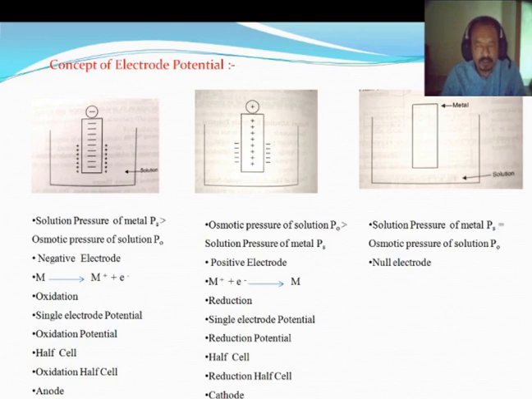Now the third condition, in which Ps is equal to P0, that is, the solution pressure of the metal is equal to the osmotic pressure of the solution. At that time there is no charge on the metal electrode or the solution. That means such an electrode acts as a neutral electrode, hence it is known as the null electrode.